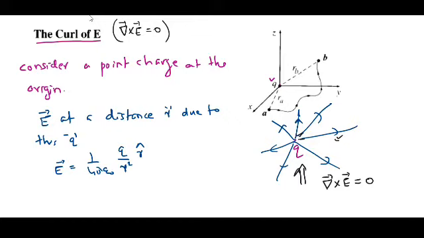Now for this, I calculate the line integral of the field from the point A to B. The point A is here in this figure, and the distance to that point from the charge is this r_A.